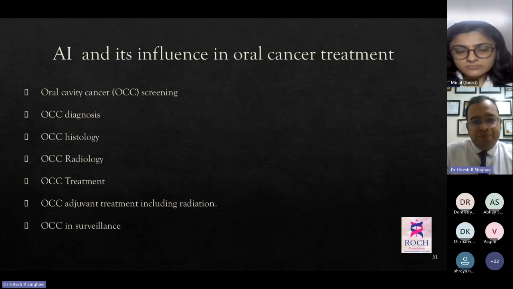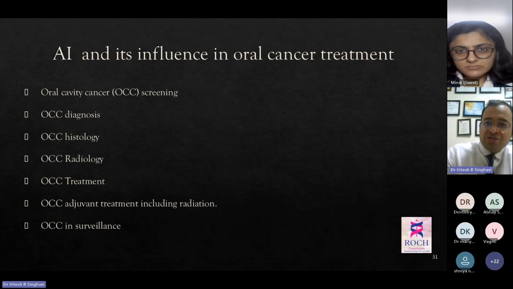So now we'll go in depth on which stages, and how, AI influences oral cancer treatment, screening, management, surveillance, and what evidence is already available in the literature.